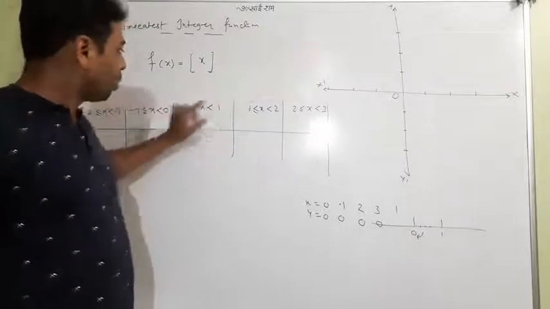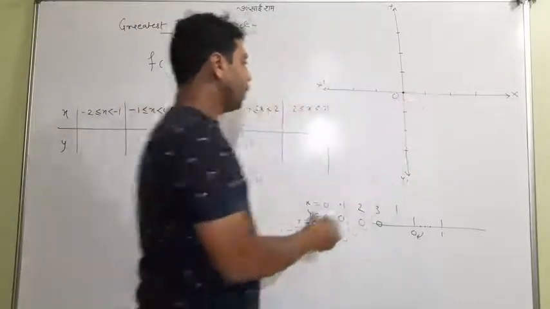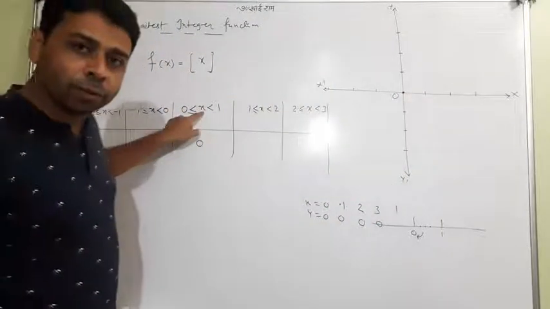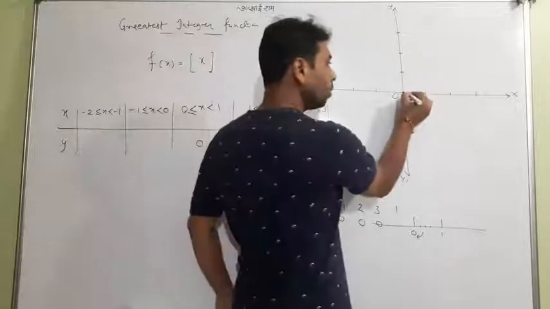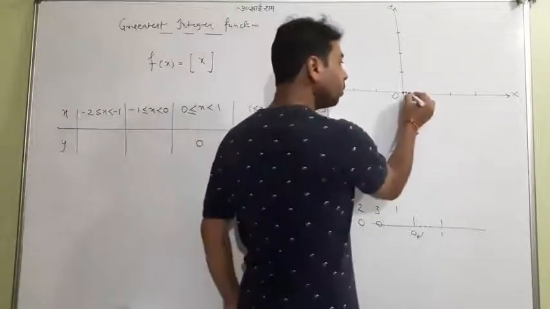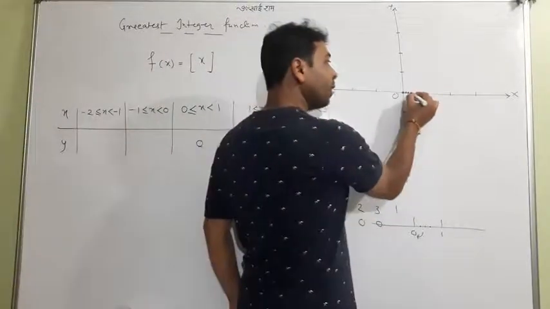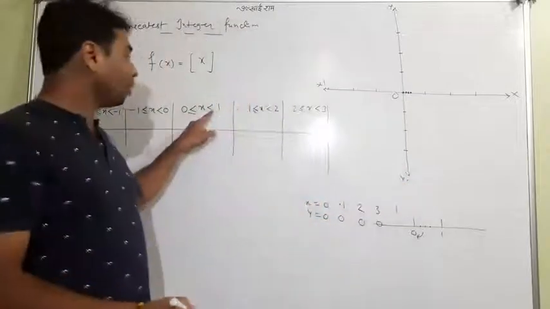So put it here. When you put x equal to 0, y will be 0. When you put x equal to 0.1, y will be 0. For 0.2, y will be 0. For 0.4, y will be 0. So very interesting, 1 cannot be put.